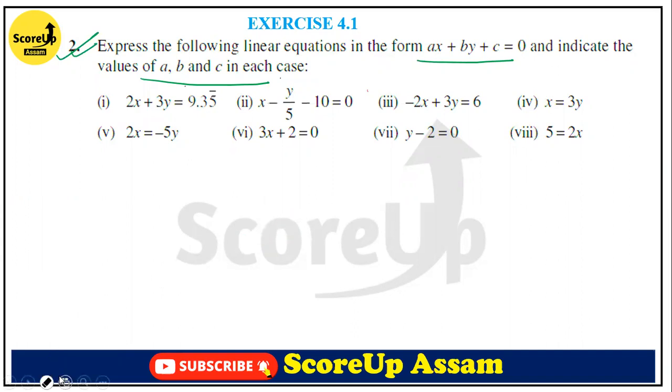2 and 7. Okay. See, 2. So it is x minus y by 5 minus 10 equal to 0. So how can we write it in the standard form? We can write it in the standard form like this. See, if we take LCM, if we multiply both sides with 5, this is an equation, so we should multiply both sides with 5.